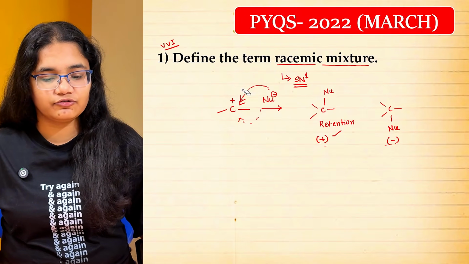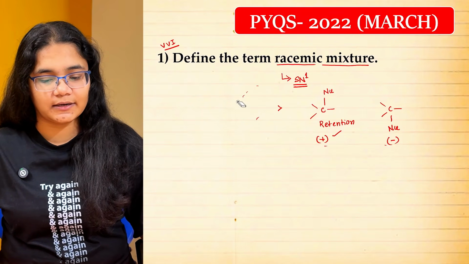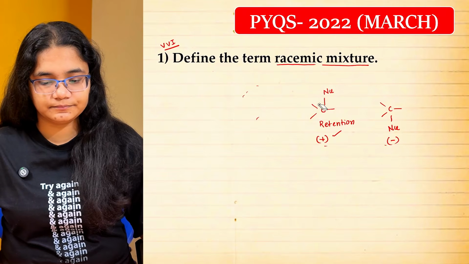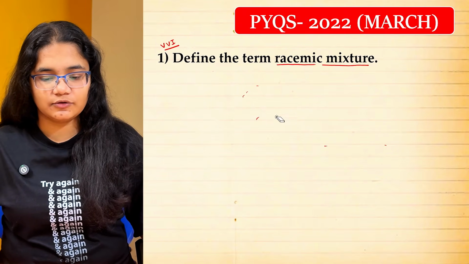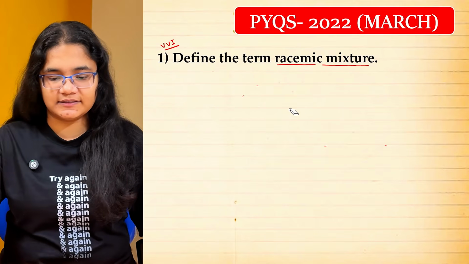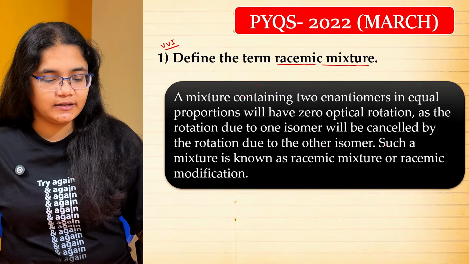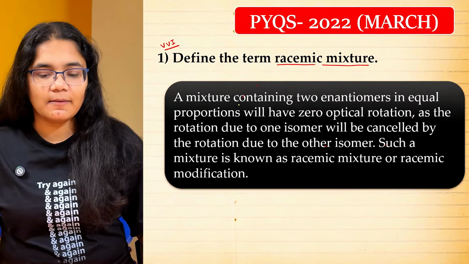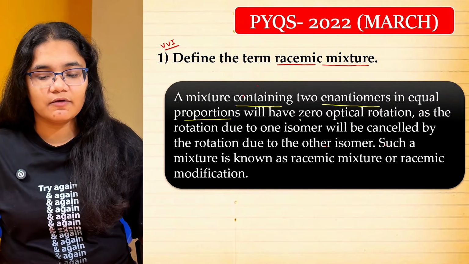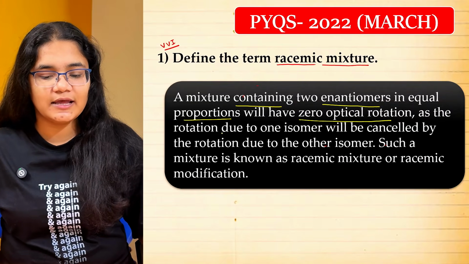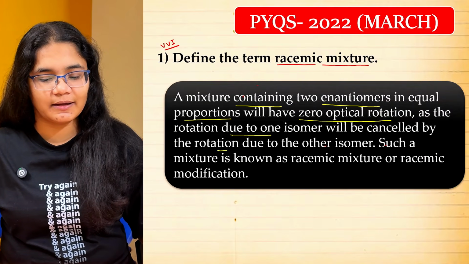I'll show you how to write the answer. Let's see the answer here. Please see the definition properly: a mixture containing two enantiomers in equal proportions will have zero optical rotation, as the rotation of one is cancelled by the other.